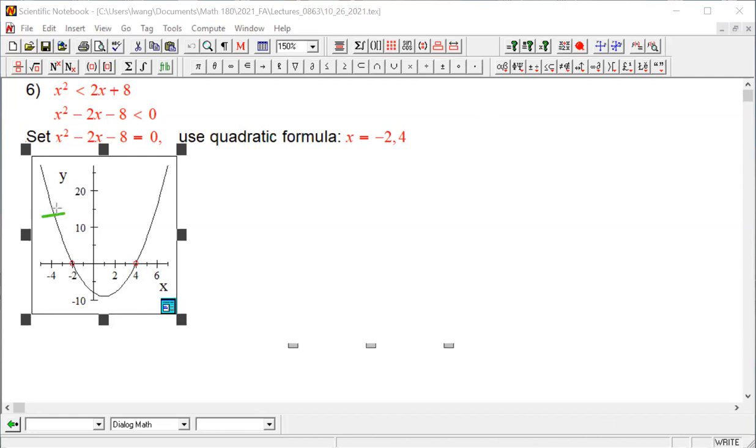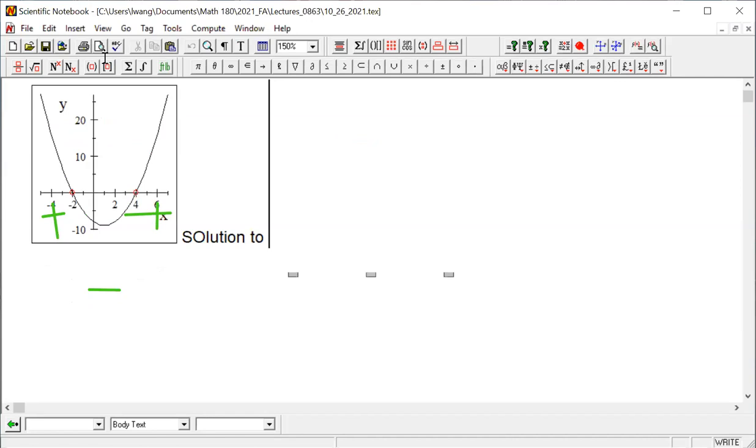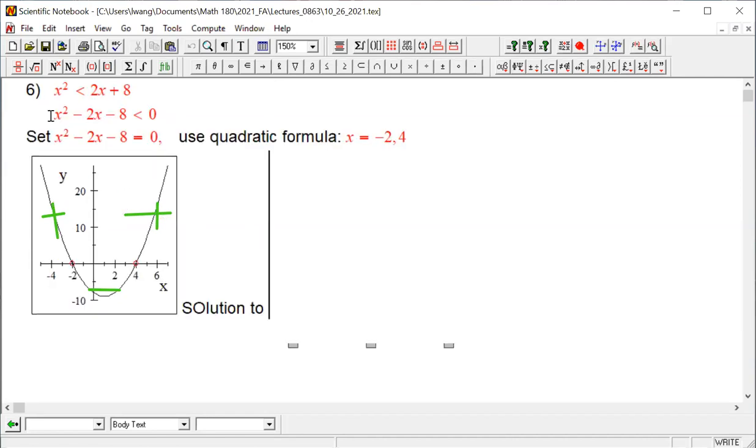So this is a plus, and this is a plus, the output a plus, and the output a negative in between. Then you're looking for a solution which is less than 0. So the solution is the same: from -2 to 4, or sometimes the parts larger than 0.